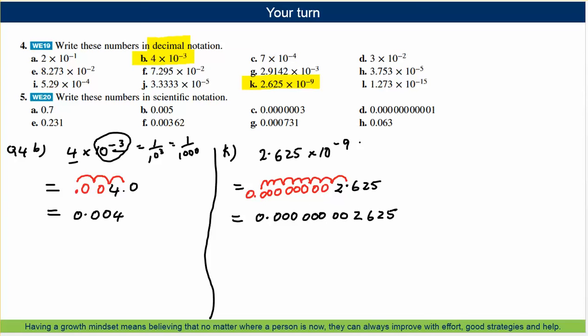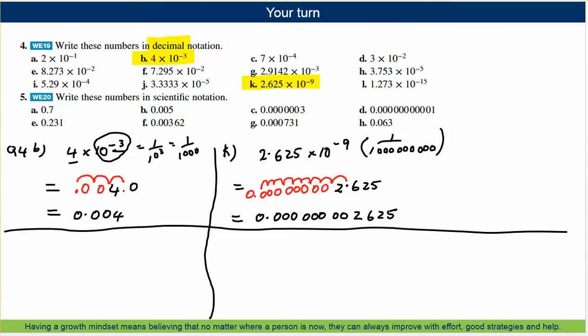So negative 9, essentially, I did this example before, 10 to the power of negative 9 is essentially 1 over 1 billion. So what you have there is about 2.625 billionths, and that's the original number down the bottom. Okay, so let's rule those ones off.